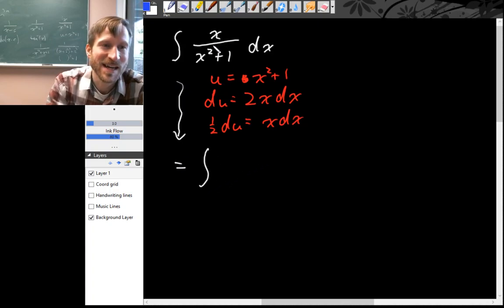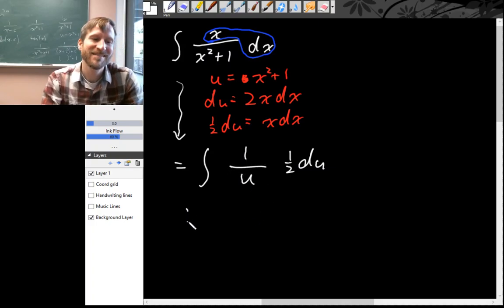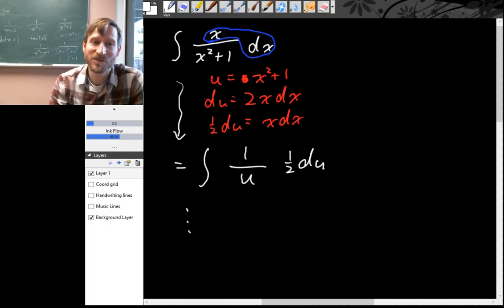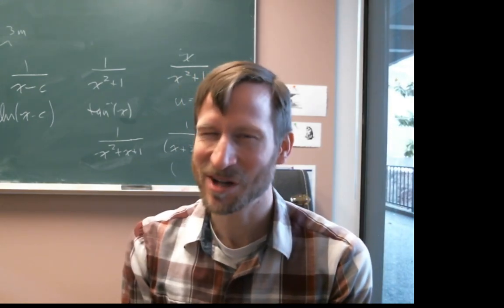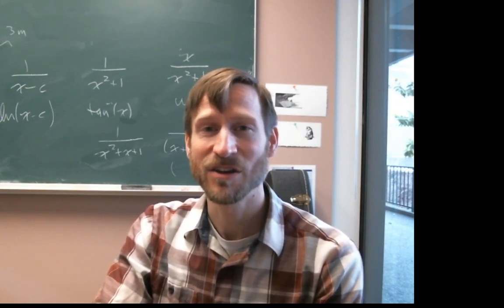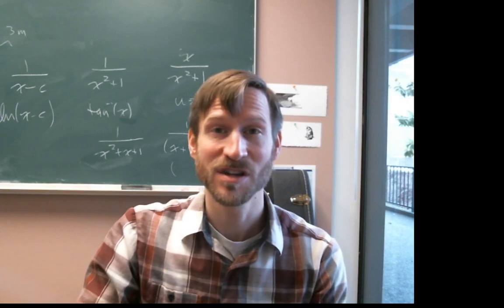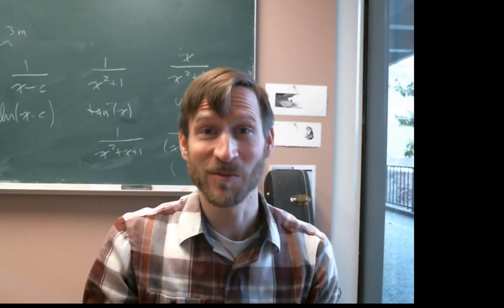The x and dx here together make 1/2 du, and 1 over x squared plus 1 is now 1 over u, and then integrating this is no problem. So if you do end up with an x over an irreducible quadratic, you can still integrate. So except for that little complicated situation of an irreducible quadratic to a power, we can always integrate all of the terms that we get from a partial fractions decomposition. So this lets us integrate, in principle, any rational function at all, which is pretty nice.